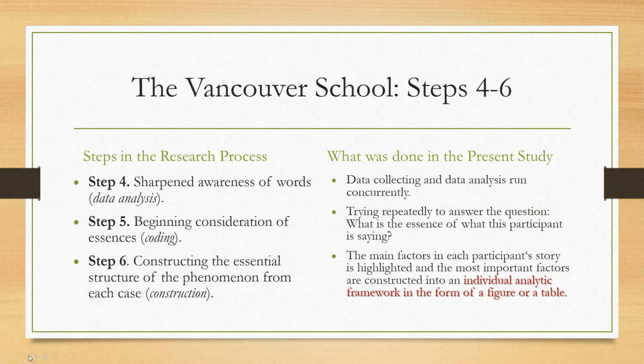But this aspect increases the validity and reliability of the study. Why? Because you are looking at each individual as a case study, really. And you look at this case as if you have nothing else. But you're always looking at the case in the light of the phenomenon.